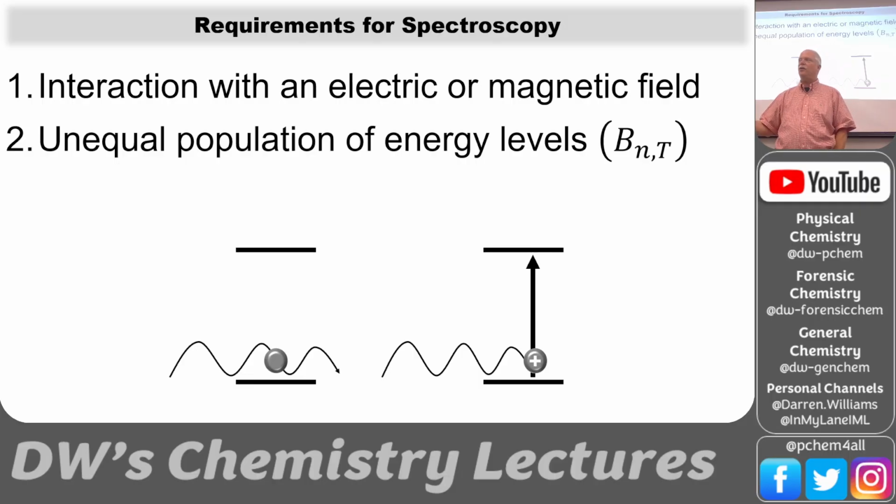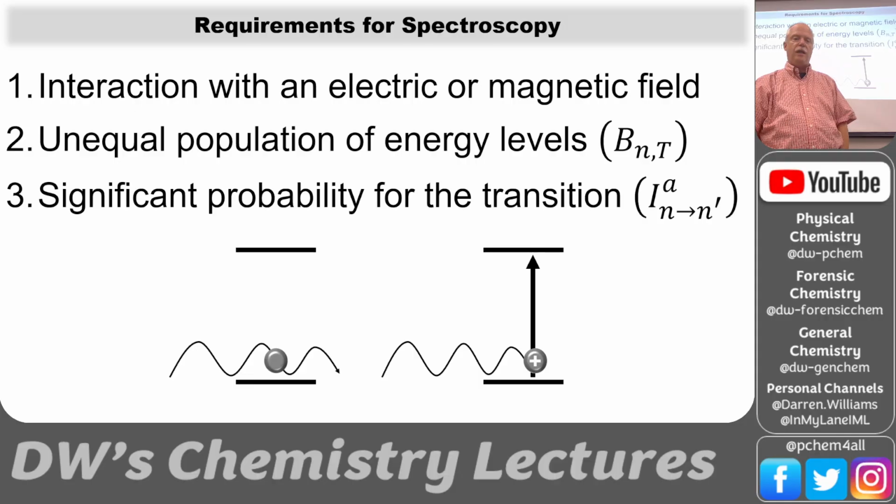If we're dealing with the ground state and we're at a low enough temperature that there's very little excitation, then we can have absorption. And it needs to have a significant probability for the transition, and that's the transition dipole moment integral. So we're going from n to n prime, and we will do the integral today to show that probability for the transition.